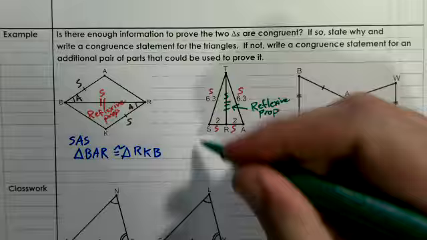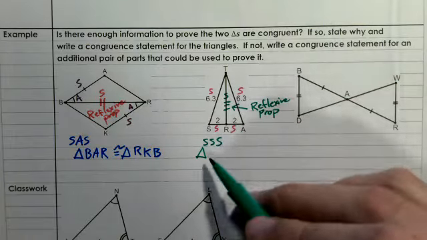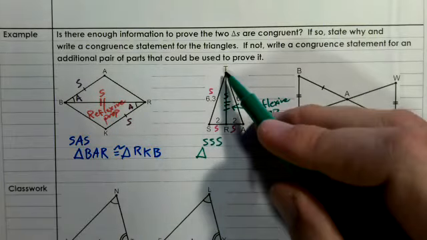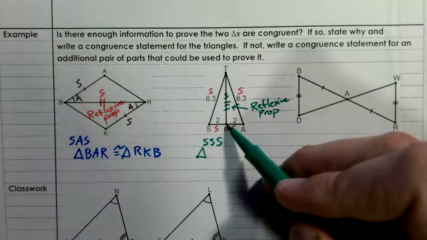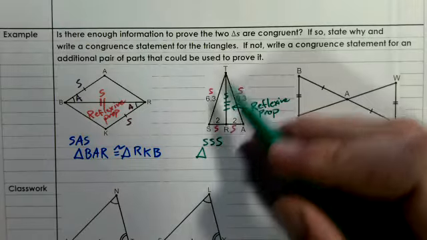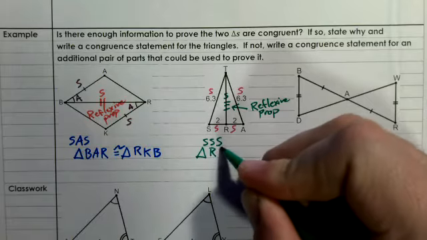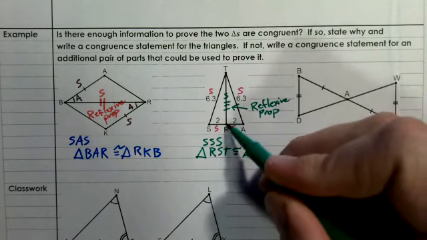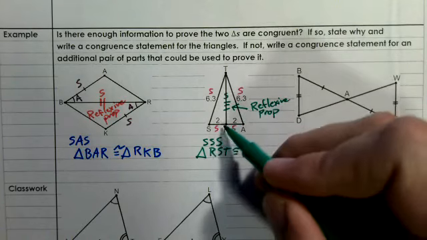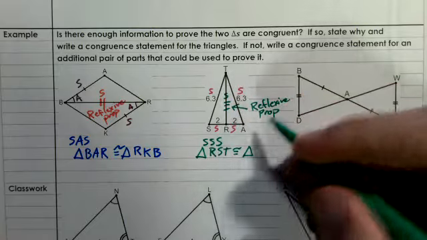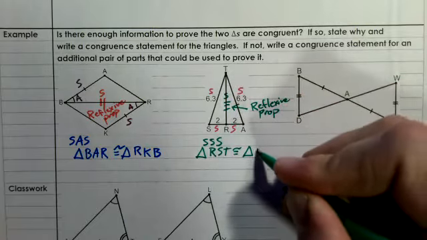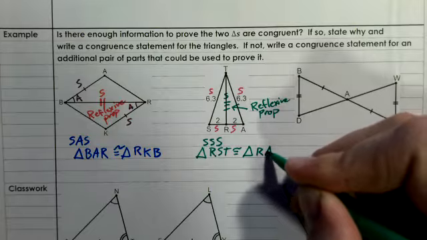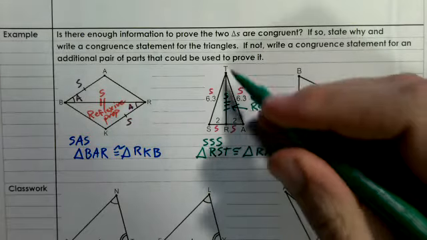So I can go side, side, side. To make my congruent statement, I'm going to go 2, then 6, and then that double marked thing. So RST has got to be congruent to triangle RAT. Again, 2, 6, unmarked. 2, 6, unmarked.